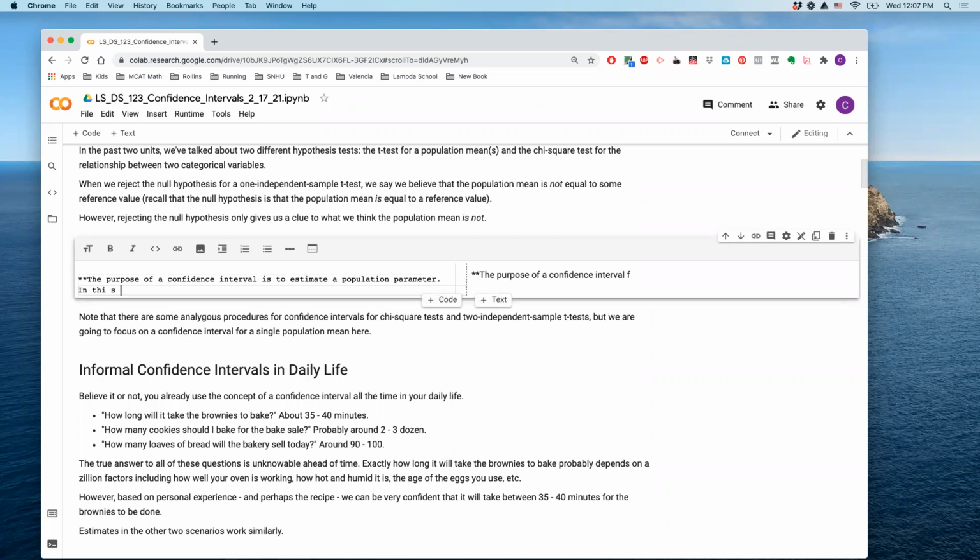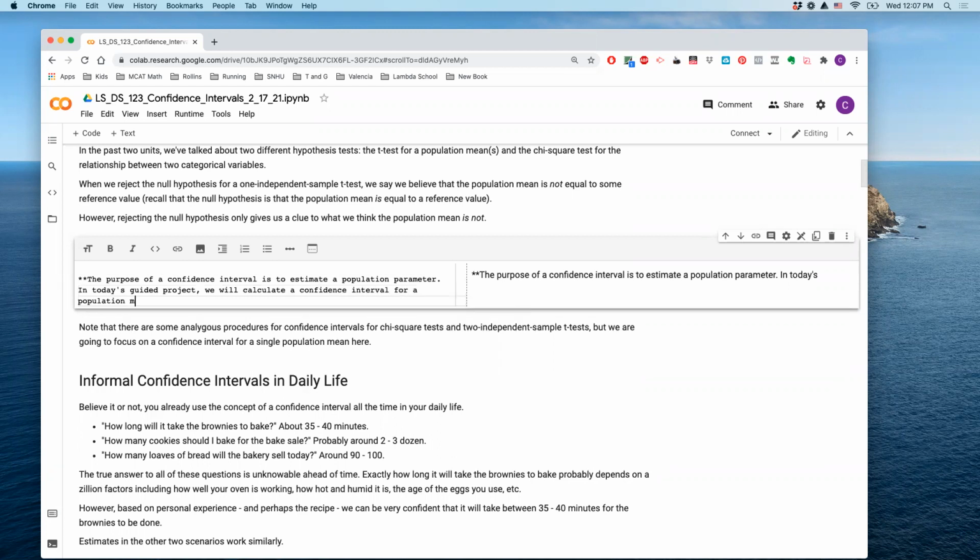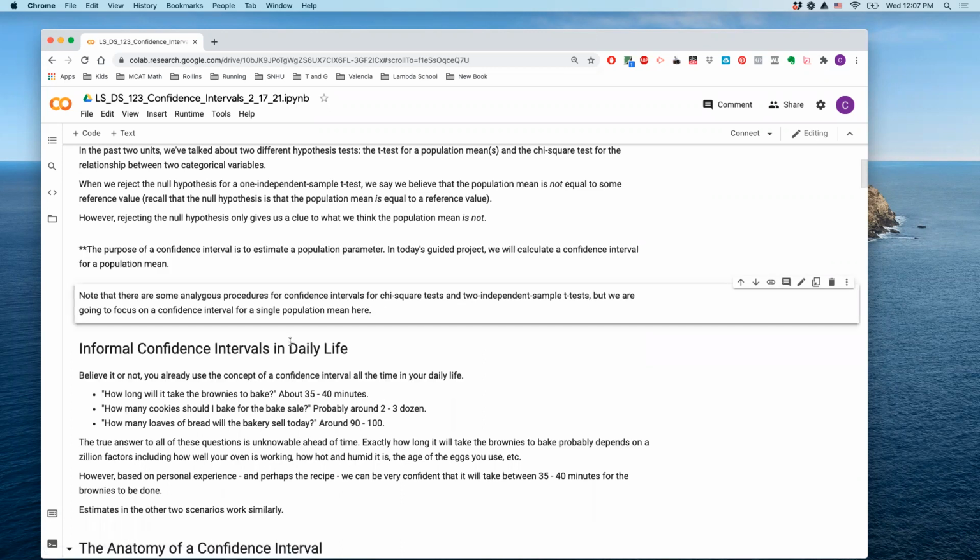In today's guided project, we will calculate a confidence interval for a population mean. So we don't know the mean of the population. We want to make a guess about it, and we will do that using a confidence interval.